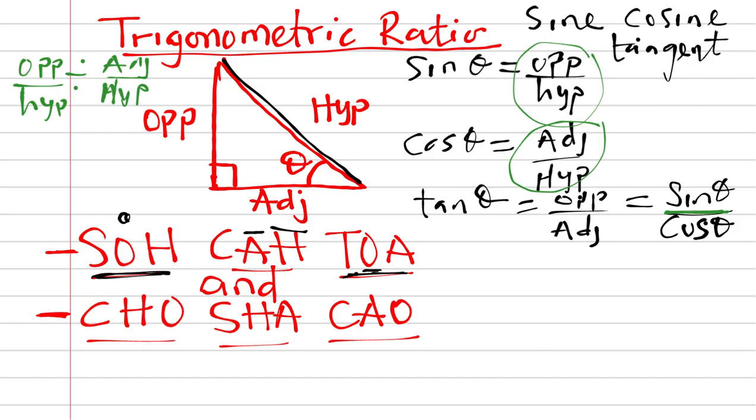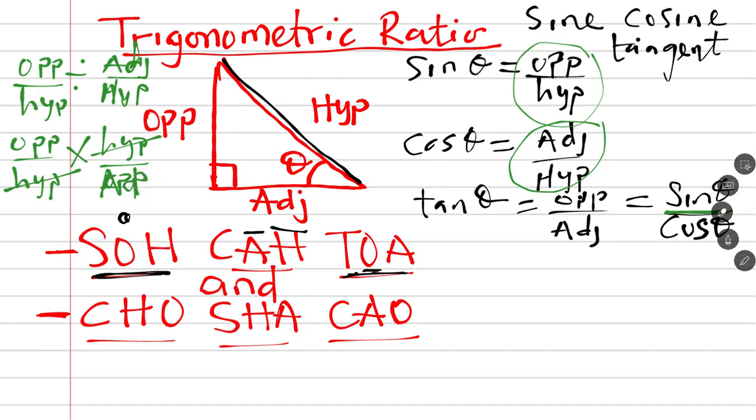Now you know in mathematics, division will turn to times. So this will become opposite over hypotenuse times hypotenuse over adjacent. I'm sorry, this is adjacent here, not opposite again.